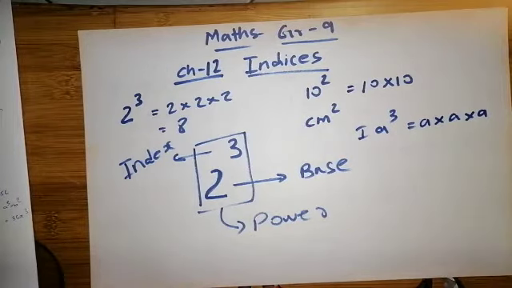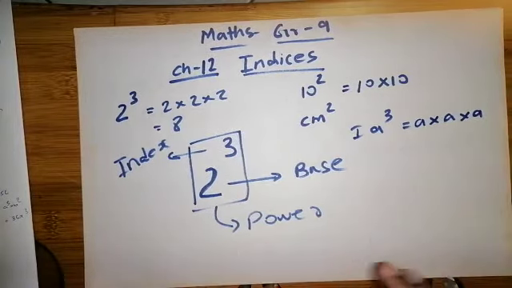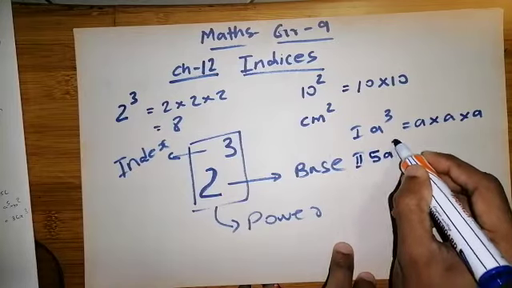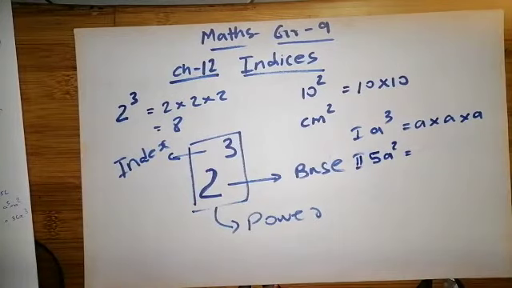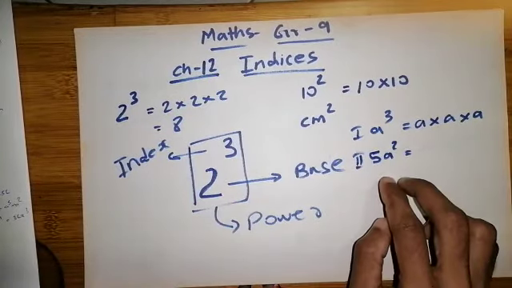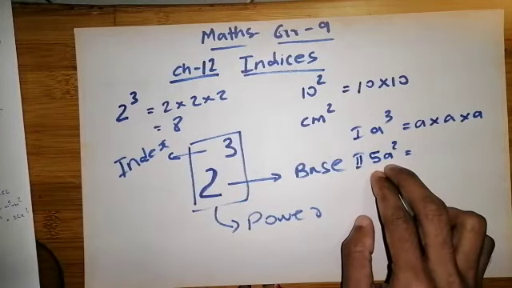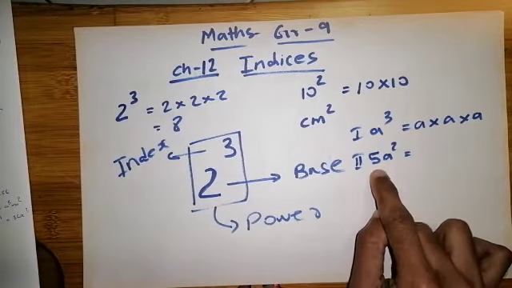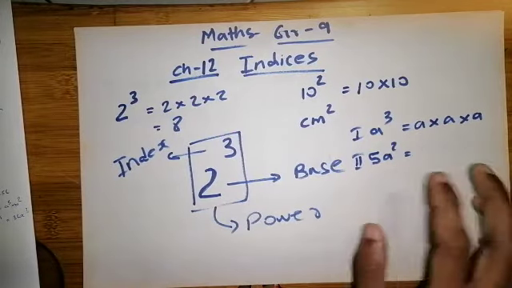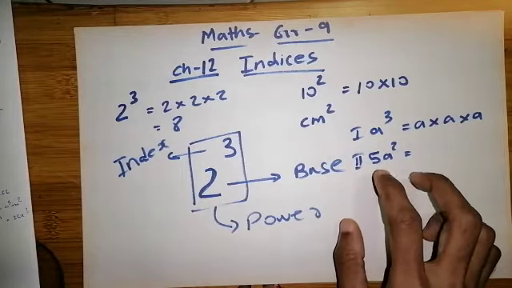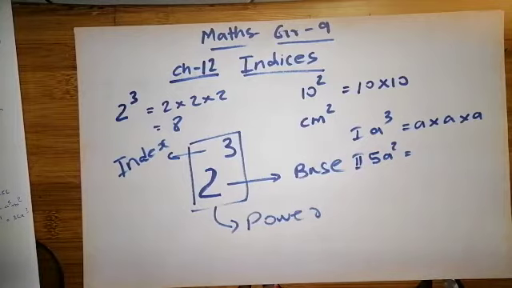When you come to algebraic terms, we are just expanding it. Let's look at another example, 5a squared. We have an algebraic term with a number. In our algebra lessons we studied that the 5 is called the coefficient, but that is not the matter here. The 5 and a, the number and the algebraic term, always multiply with each other.